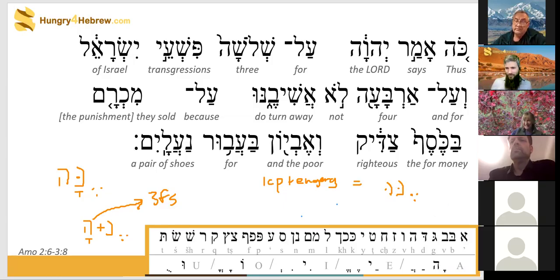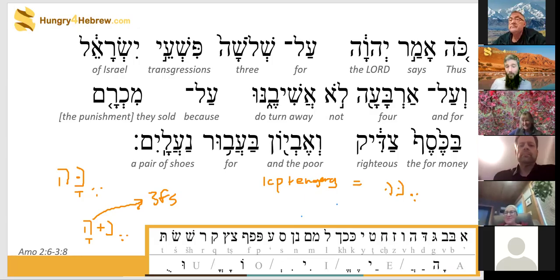You can't put two dageshes into a letter. Well, the nun of the nu suffix combines with the nun of the energic nun, so it looks identical to our enhu from earlier. This is now ennu, but in the end, they're pronounced the same. Ennu. Because there's no hey and there's no nu.